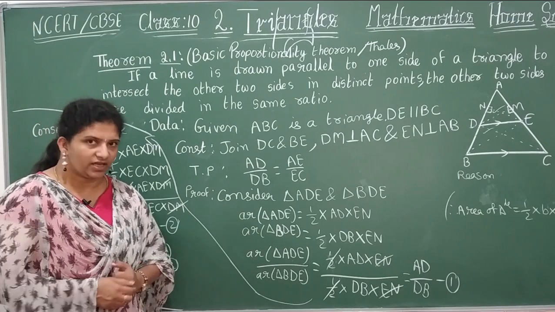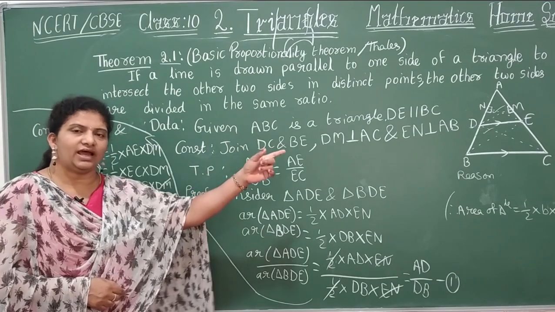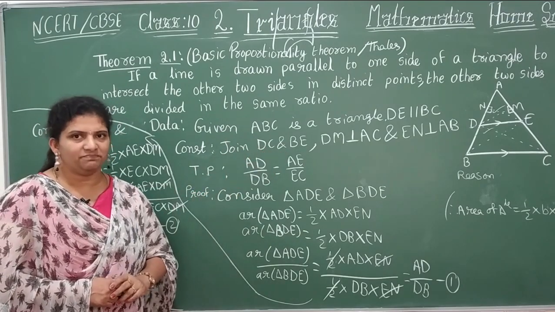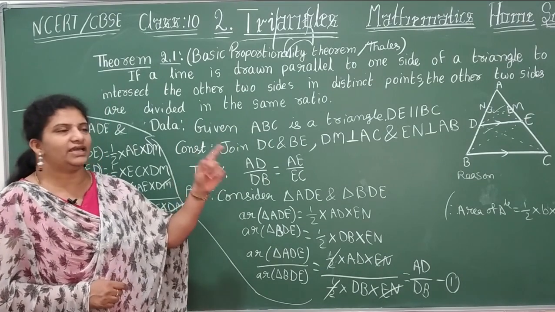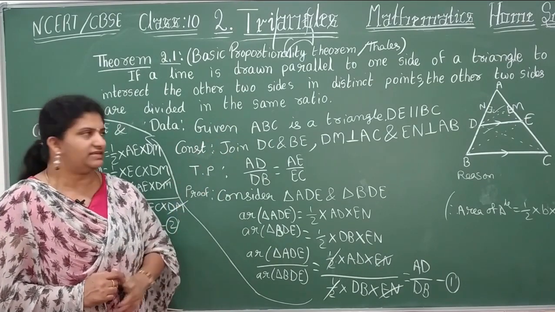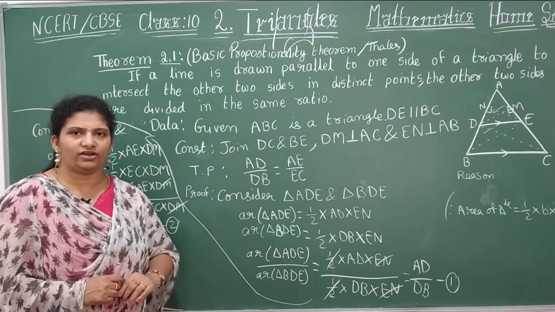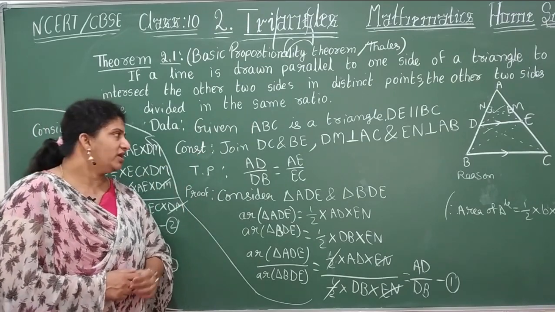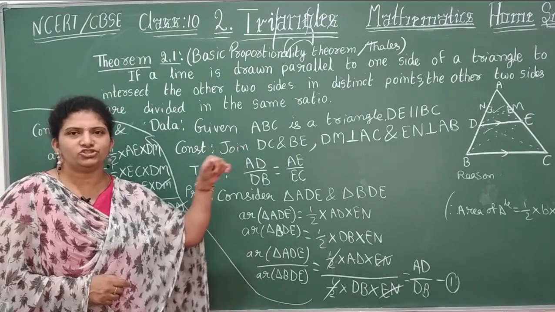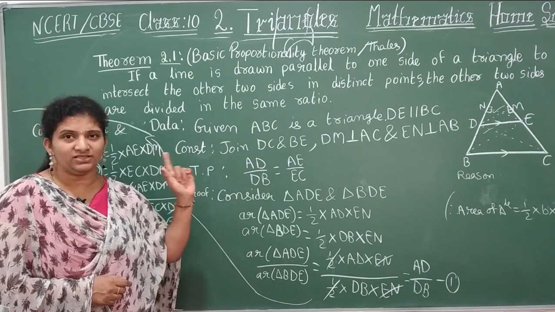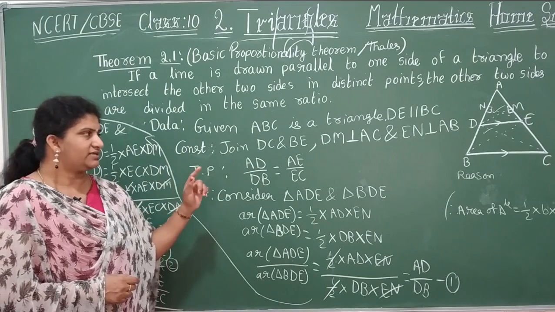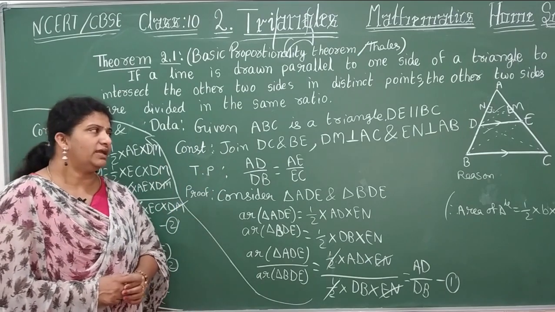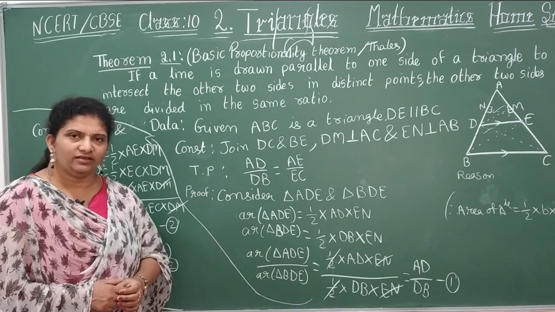So now what is your given data? A triangle ABC is given. Okay, line DE is drawn parallel to BC. That is also given, only you have to write. Construction. What construction are you doing here? Join DC, join BE. Between two parallel lines, two diagonals are joined. Next, DM perpendicular to AC. Yes or no?